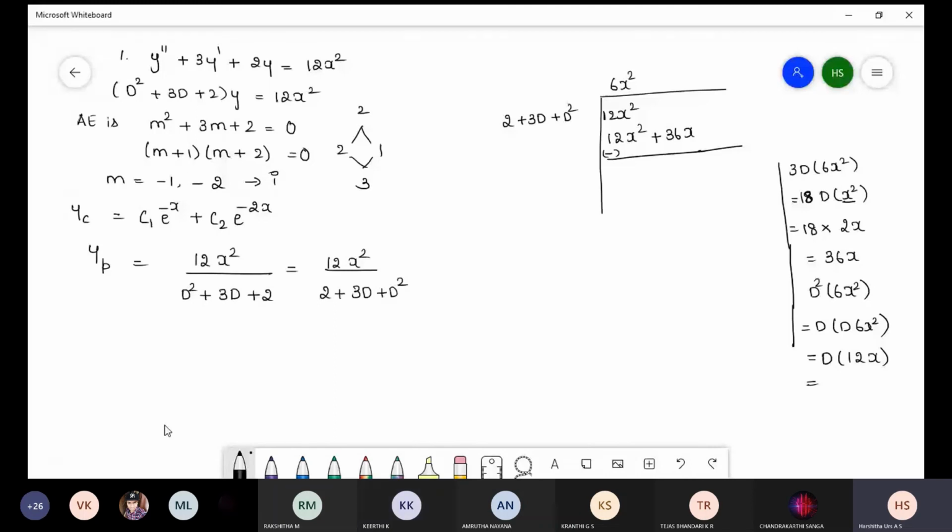Yes, here I write plus 12, and again the minus sign here. These two will get cancelled. Here I write 36x minus 12. Now, to get minus 36x, what do we have to multiply with this 2?